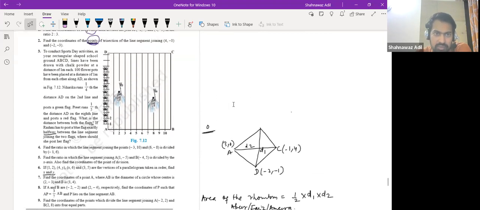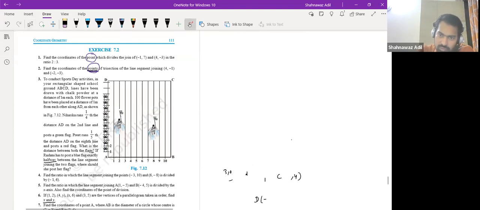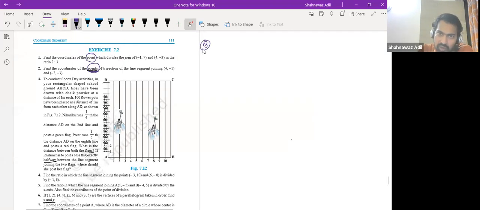So what do we have? We have to find the coordinates of the point which divides the join in the ratio 2 to 3. So we will always draw the diagrammatic representation first.